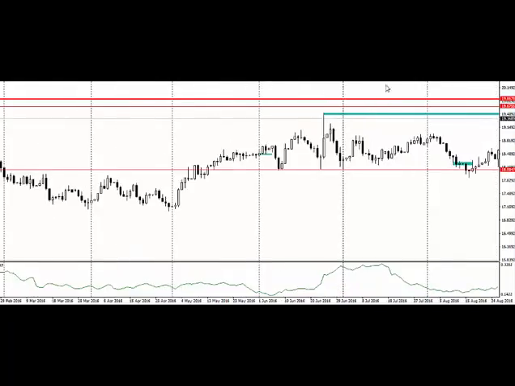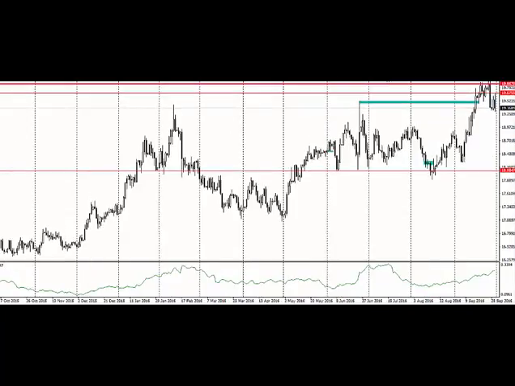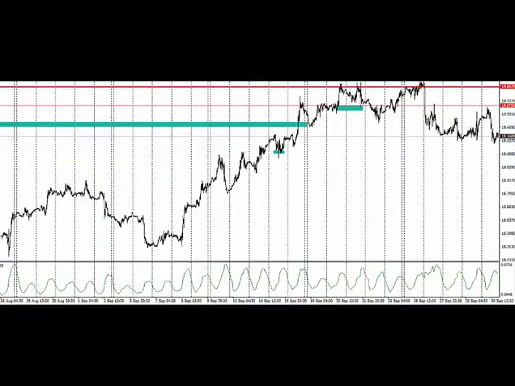And this time I don't see any good entry point on American dollar versus Mexican peso. I would say more that I was capturing some pullbacks here in an attempt to build a long position, but this time it is not working. I have closed my position at break even.